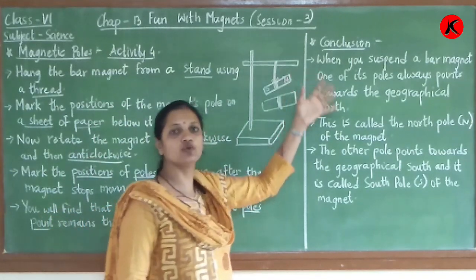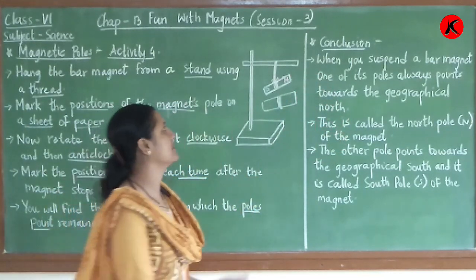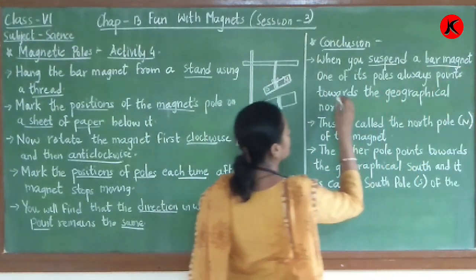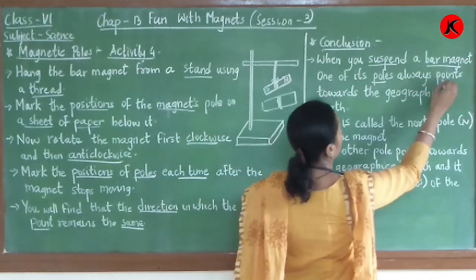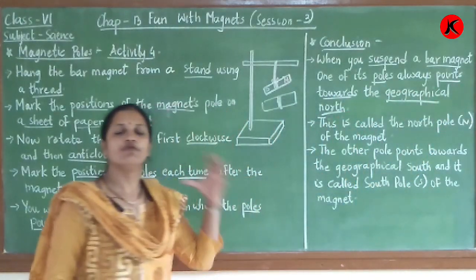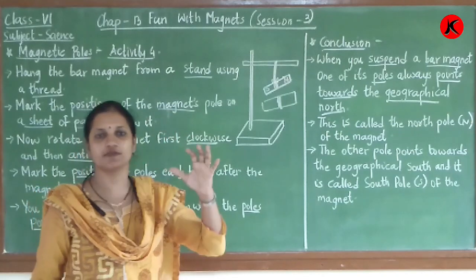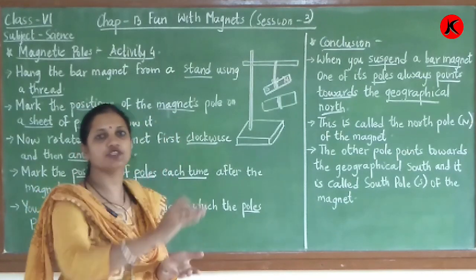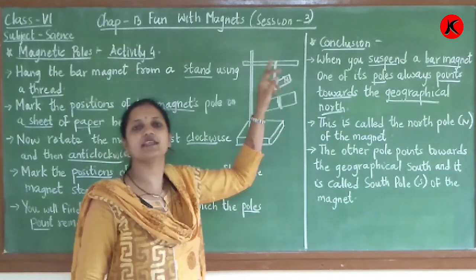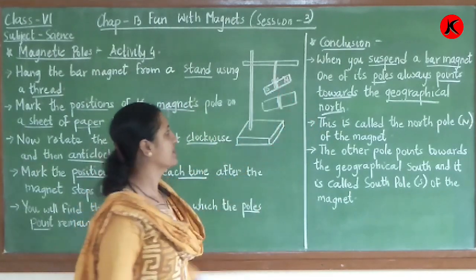So what is the conclusion of what we have learned in this experiment? When you suspend a bar magnet, one of its poles always points towards the geographical north. That means wherever the geographical north, the northern part which our earth is showing, the magnet will point to that part only, right?